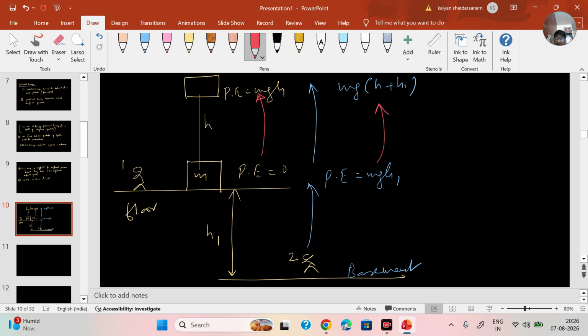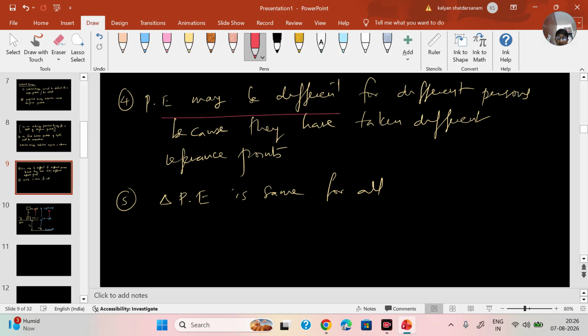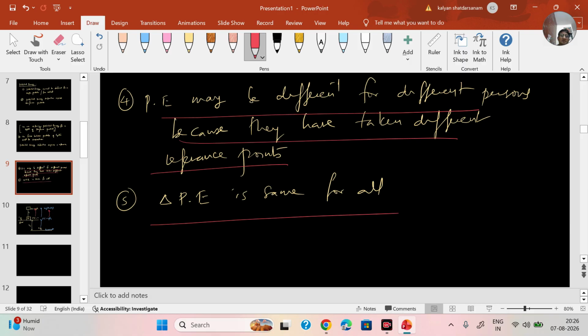This fellow also says change in potential energy is mgh. That is what I wrote here. Potential energy may be different for different persons, but change in potential energy is the same for all. What is more important for us is change in potential energy, not individual potential energy values. We always include change in potential energy in our mathematics.